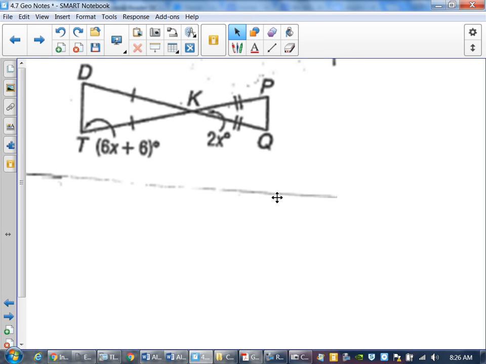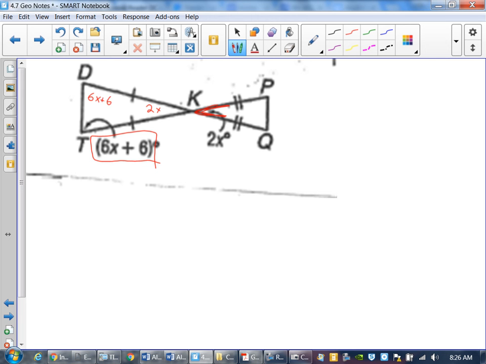In this case here, are they dealing with the side lengths or are they dealing with angles? Angles, good. So, I'm given the fact that this 2x is here, which means vertical angle, very good, it's also here. Now, if this is 6x plus 6 at angle T, what does angle D have to be? This also has to be 6 plus 6x. So now you have all three angles inside a triangle. What do they have to add up to equal, guys?